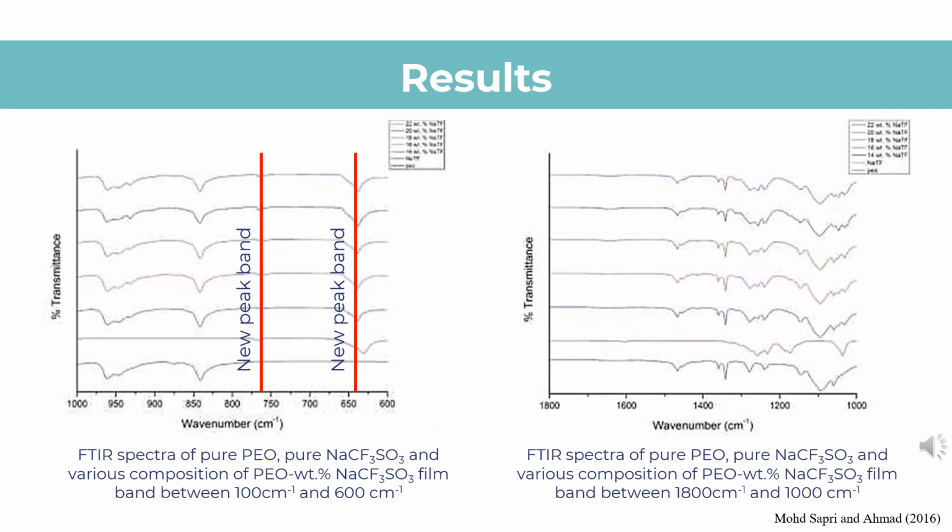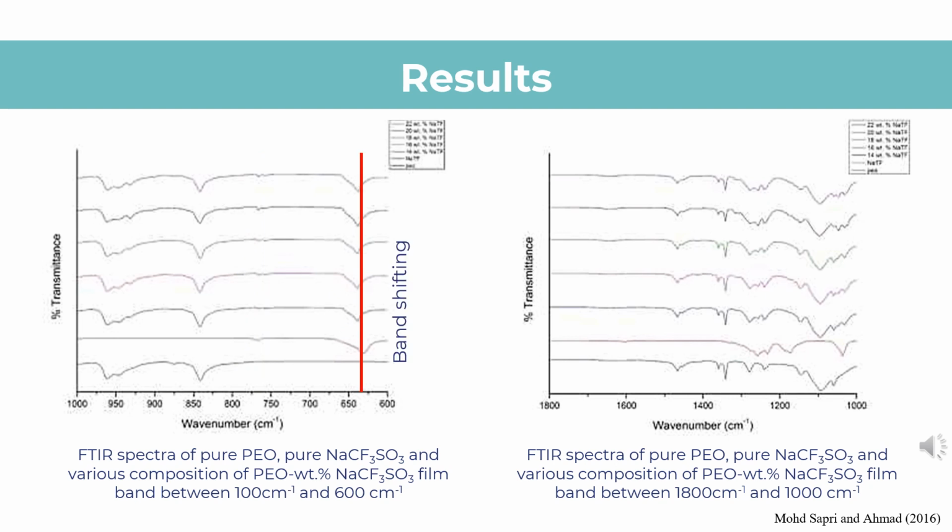The addition of NaCF3SO3 to PEO results in new peak bands at 760 cm^-1 and 638 cm^-1. The band that appears at 630 cm^-1 in pure NaCF3SO3 has shifted to 638 cm^-1 when NaCF3SO3 is added to PEO.